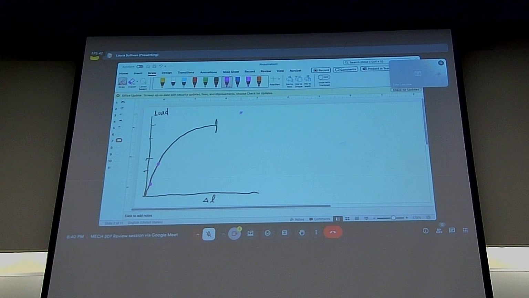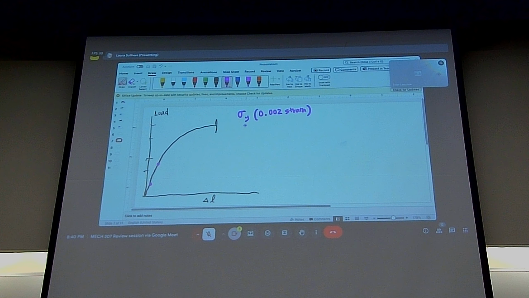So the yield strength is measured at 0.2% strain, or 0.002 strain. So I need to know where on this delta L, on this x-axis, where is 0.002 strain?